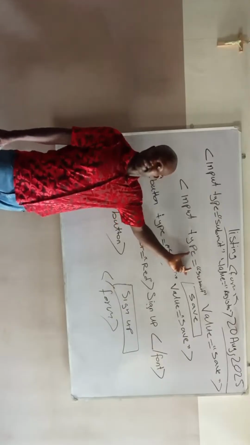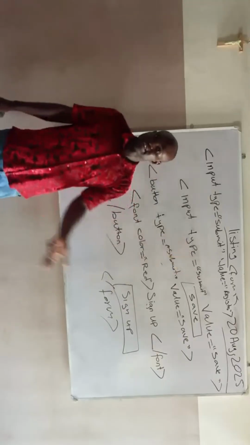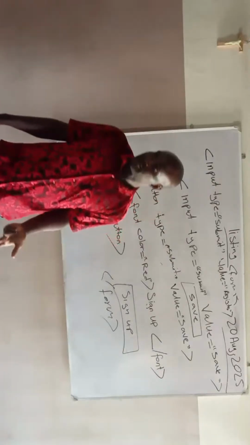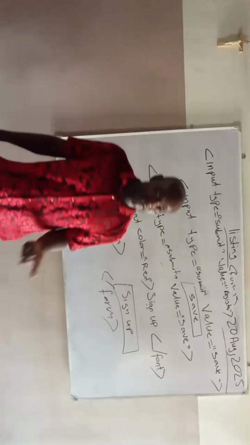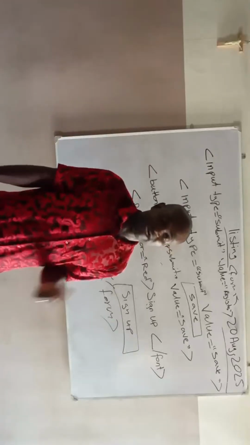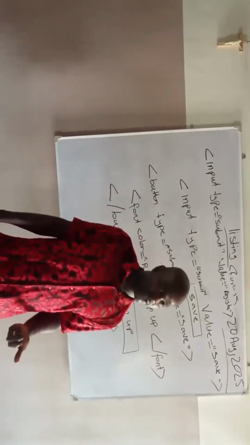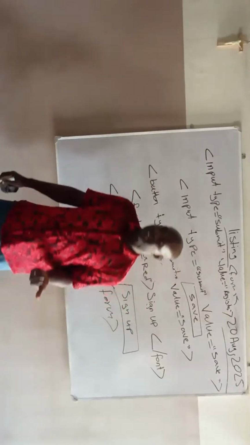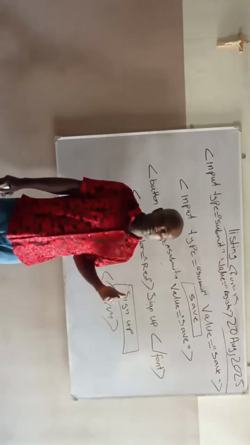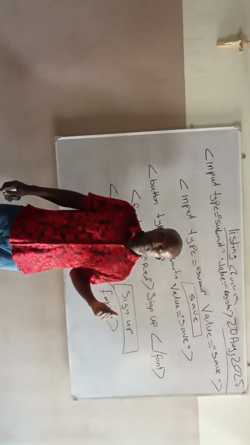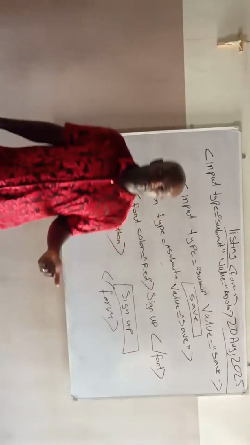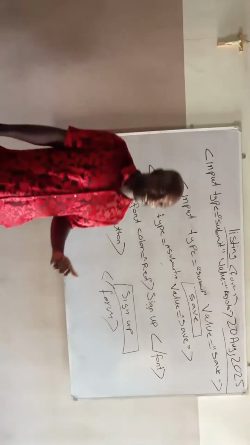We have different types. We have text, which is the default. We have date. We have email. Which other one again? We have password. Did I mention address as a type? No. We have radio. We have number.